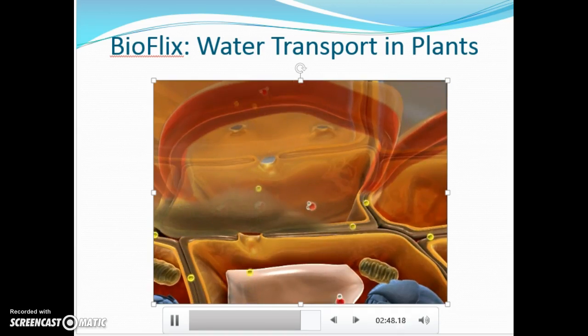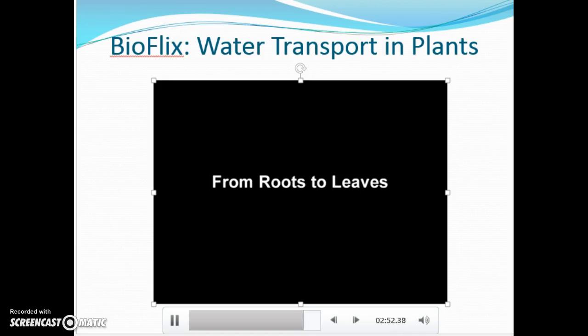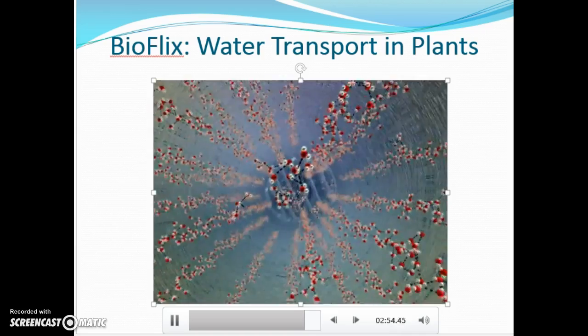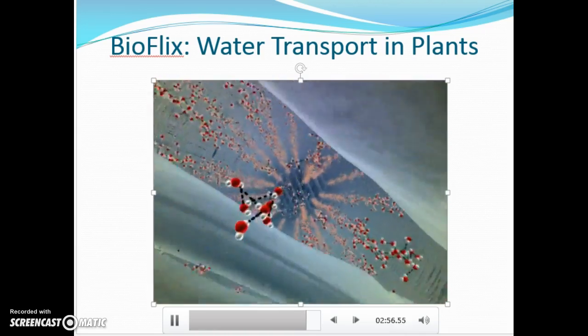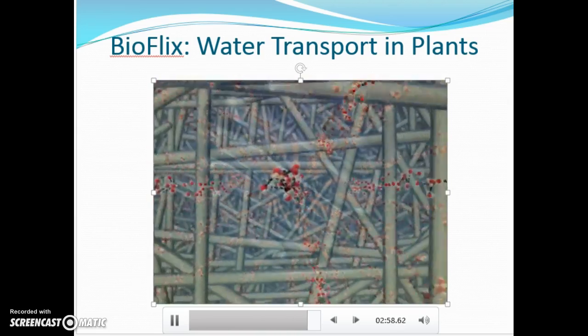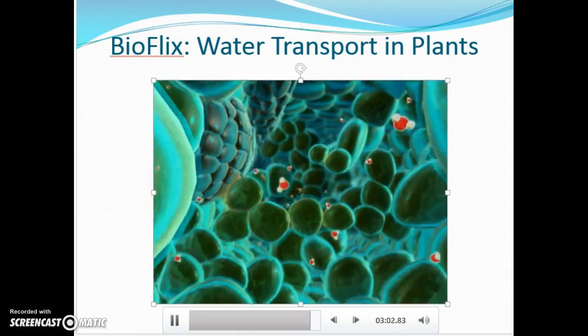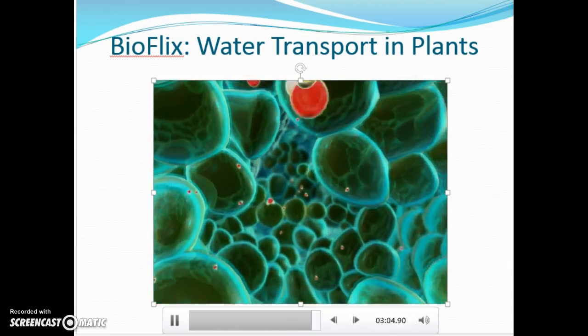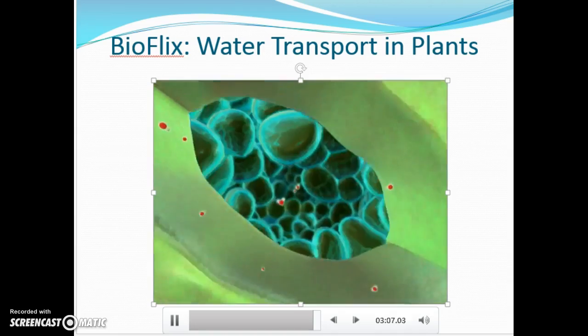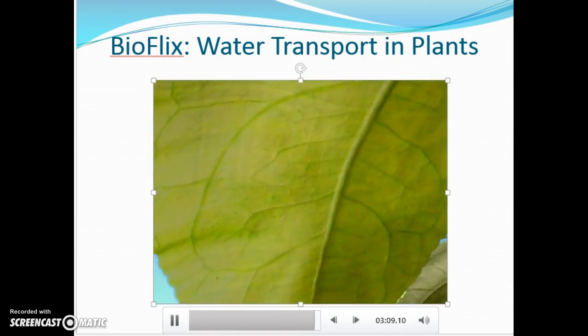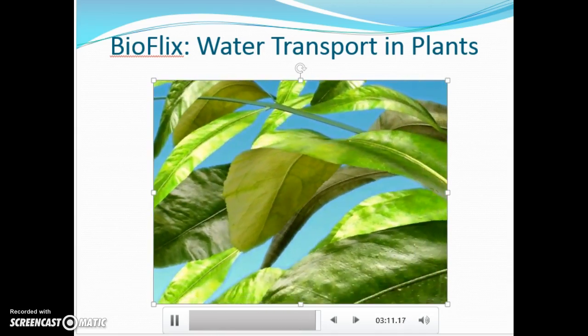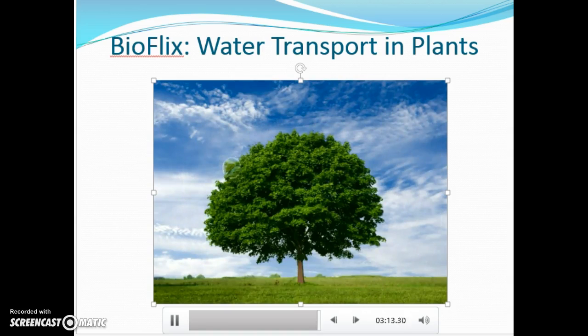In this way, only certain minerals can enter the xylem. Water and minerals are pulled up to the leaves. Water evaporates from leaf cells into the air spaces inside leaves and exits through pores. And the highest leaves of a tree.